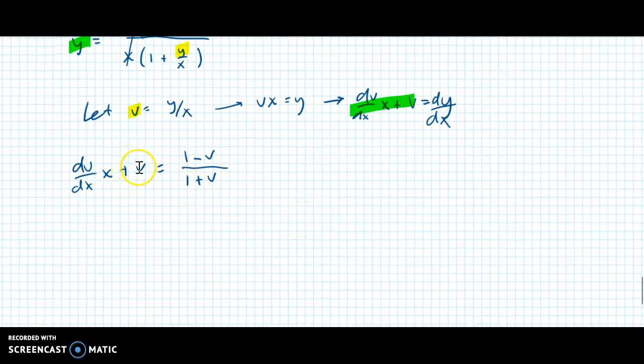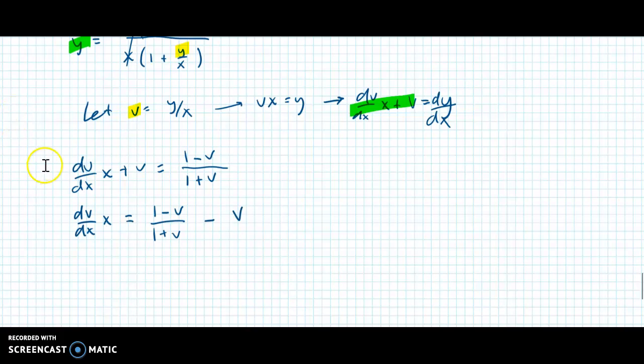So what I really want to do is take this v and get it with these and make it so that I can separate them and move them over to the v side. So I am going to write dv/dx times x equals (1 minus v) over (1 plus v) minus v. Now, you may say, okay, that doesn't help, and you're right.